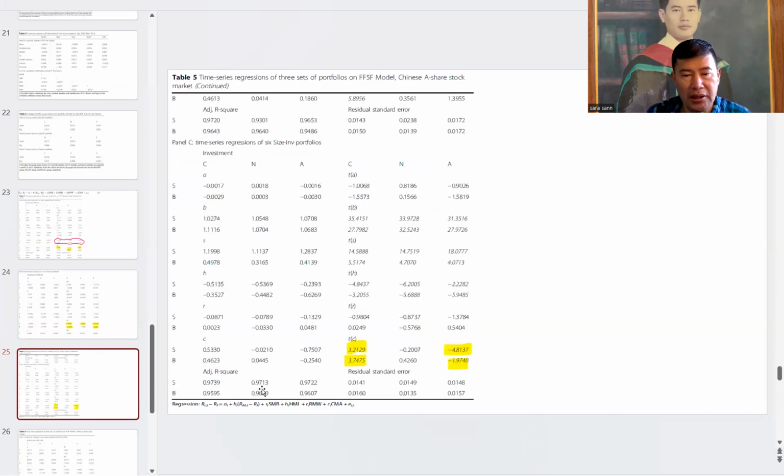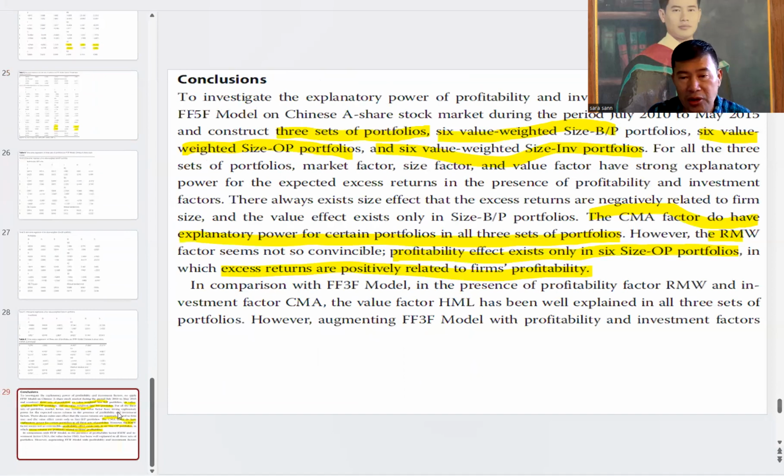And this one, the relation between return or operating profitability or return on equity on any size excess return to return on investment. One. So total three.